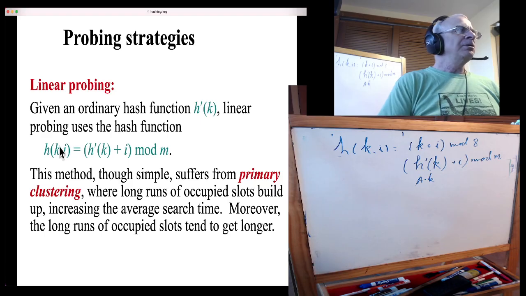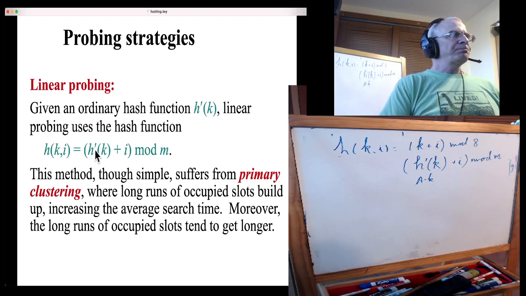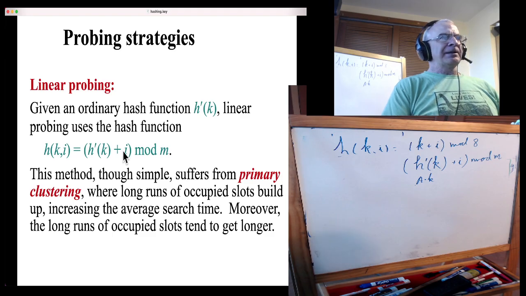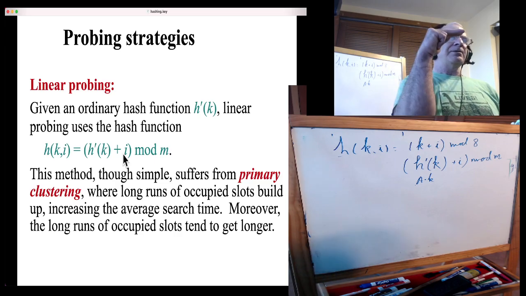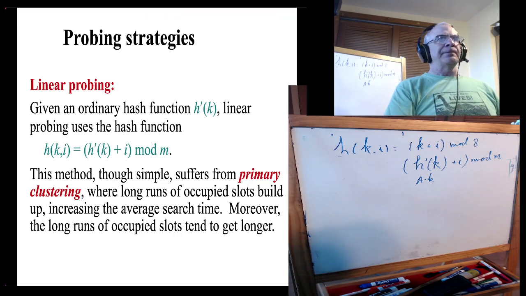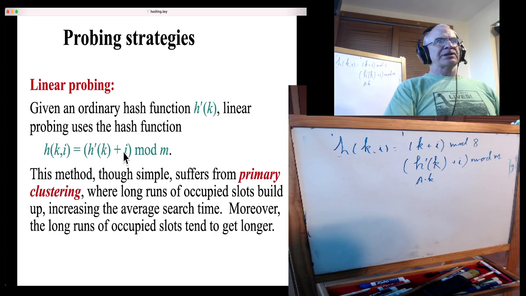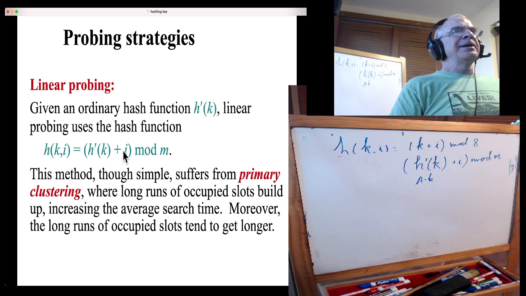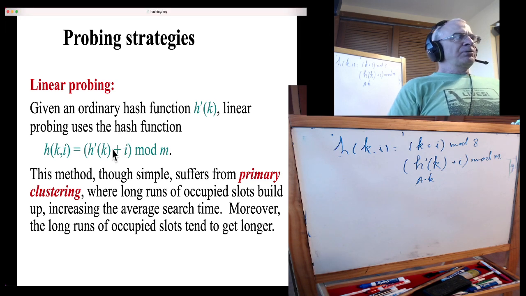Well, it's a very good hash function, h prime of k plus i modulo m, which just means if I try one location to insert my key and this place is occupied, I'll just move to the next place, one down in the table, one down, etc. It's a great hash function if your goal is to explain to students how to use double addressing, how to use this two parameters hash function.